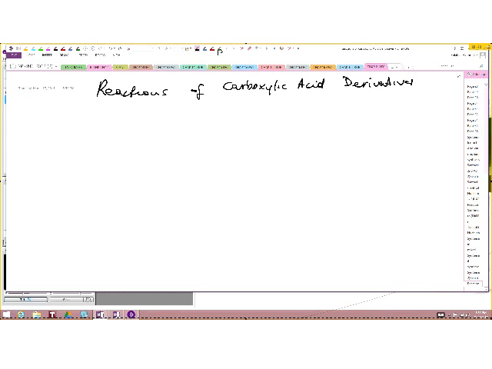Before we give you the reactions, I want to give you the order of reactivity of all of the carboxylic acid derivatives that are of interest to us.